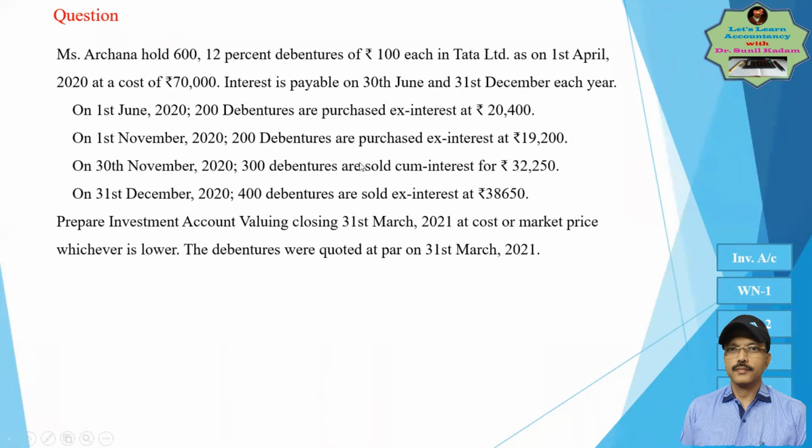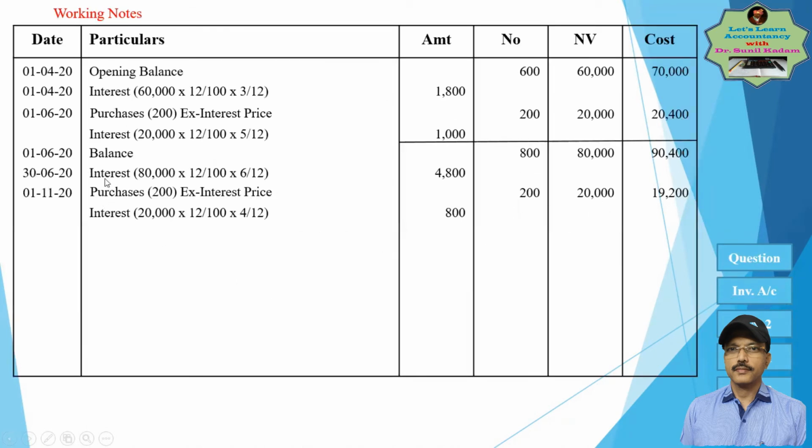So before that, let's find out how many debentures are available after this purchase in a working note. After this 1st November, we will work out a balance, because to find out the next calculation we require the balancing figure. After purchasing, it is 1 lakh, and it comes to 1,09,600 as the cost for the total debentures.